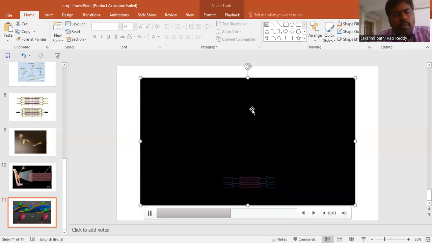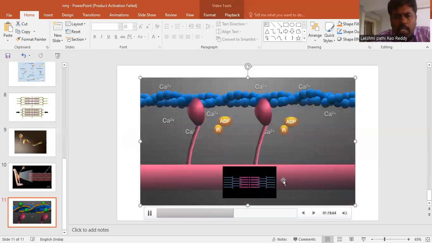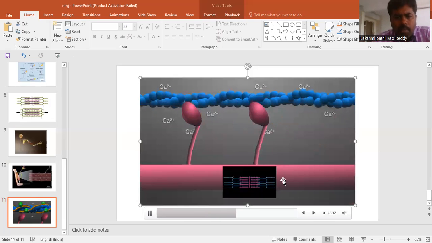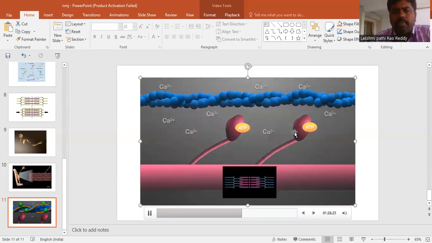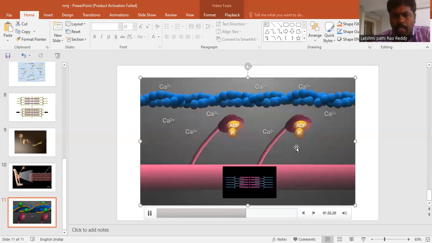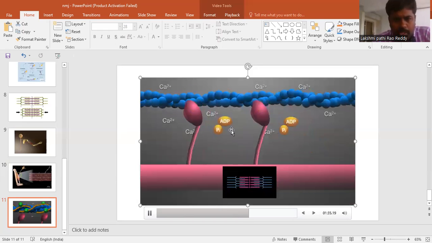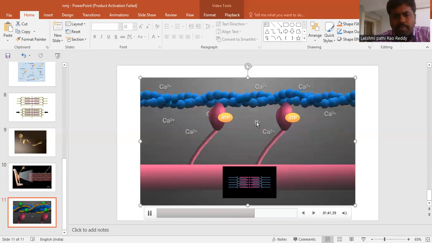For the movement we require ATP. A sufficient amount of ATP is required for the movement of the head of the myosin. It is utilizing the ATP for energy, and this is called the power stroke.